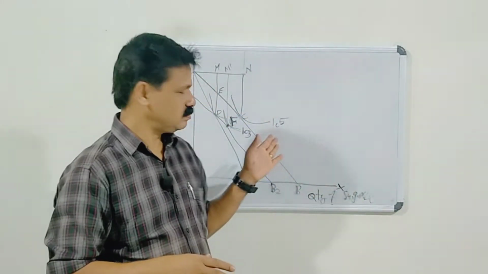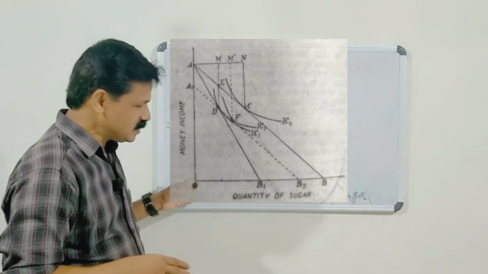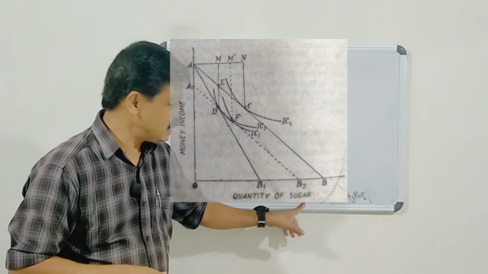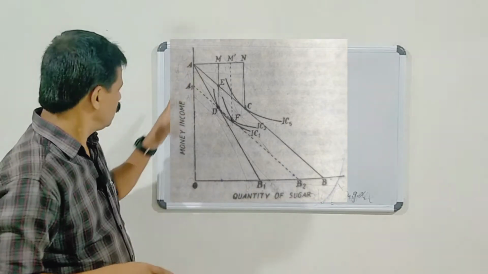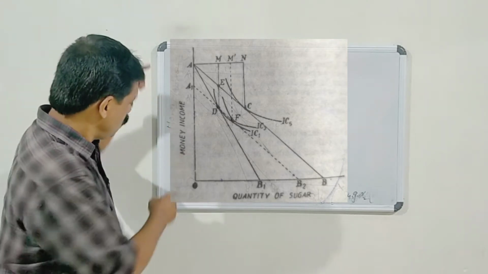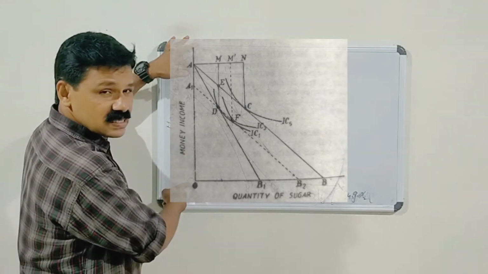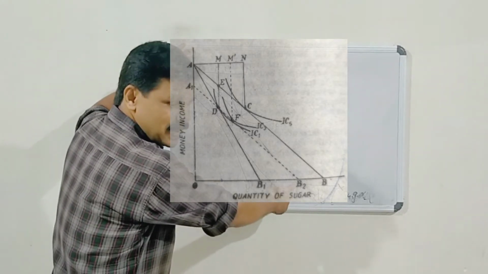See the diagram. In this diagram, the x-axis represents the quantity of the commodity, say sugar. The y-axis shows the money income of the consumer. OA is the income of the consumer and AB is the price line.